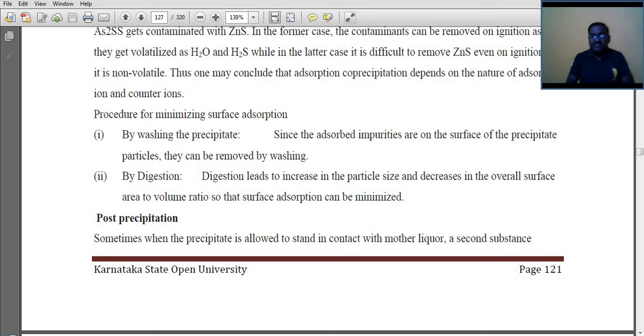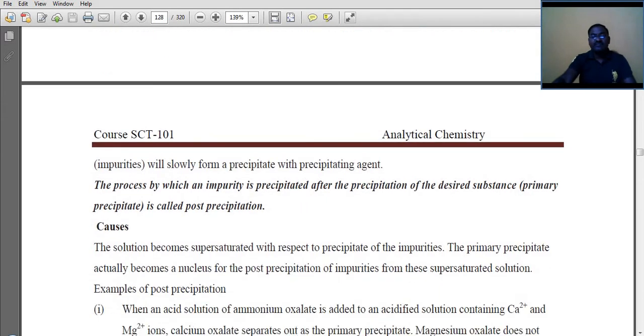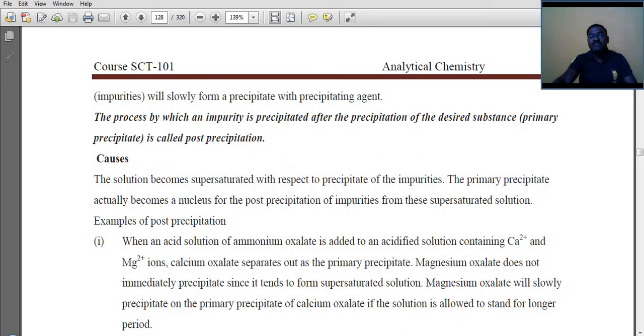The next concept of this video is post-precipitation. Sometimes when the precipitate is allowed to stand in contact with the mother liquor, a second substance will slowly form a precipitate with the precipitating agent.